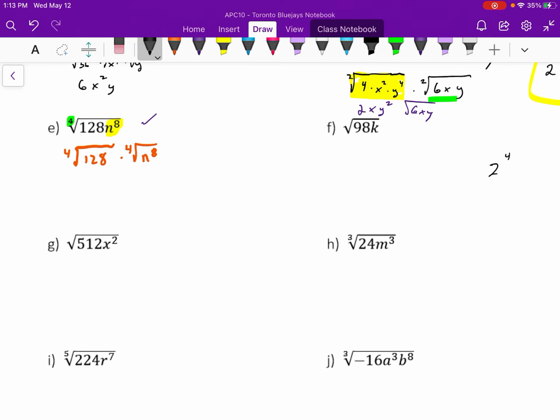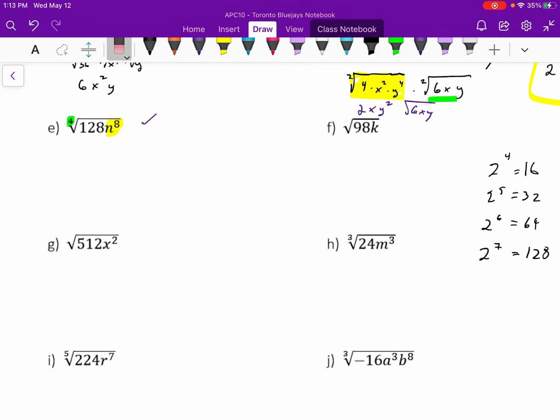Now, 2 to the power of 4 is equal to 16. 2 to the power of 5 is 32. 2 to the power of 6 is 64. 2 to the power of 7 is 128. Now, this is bad news for us. So let me restart this question over again.